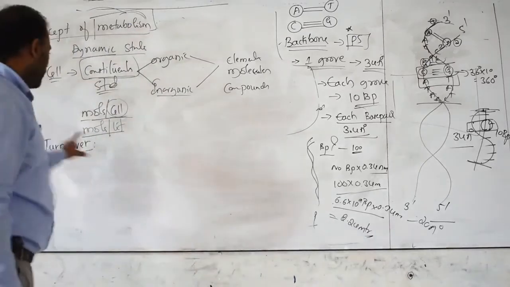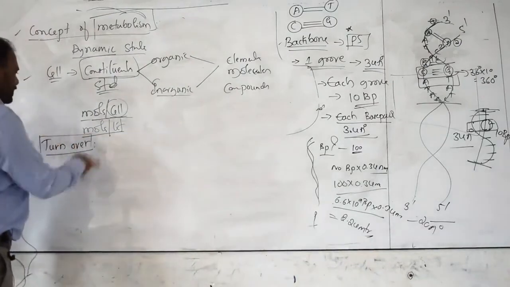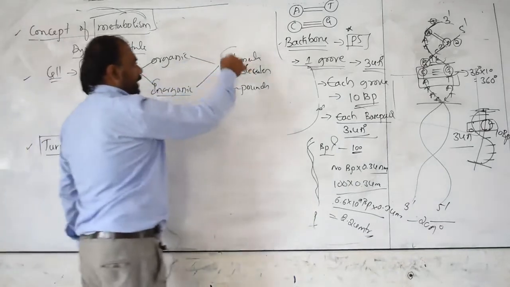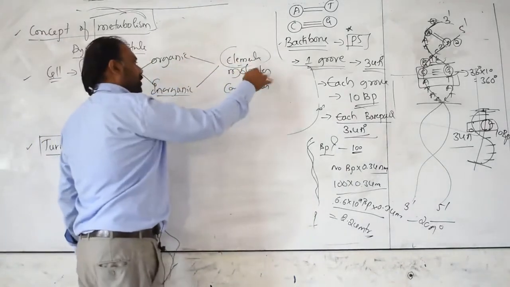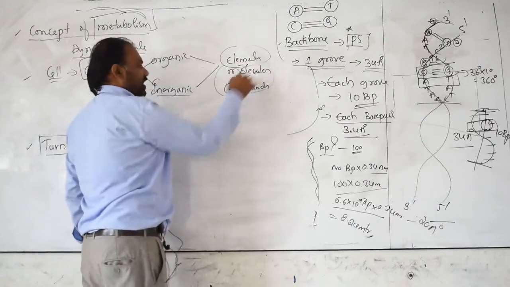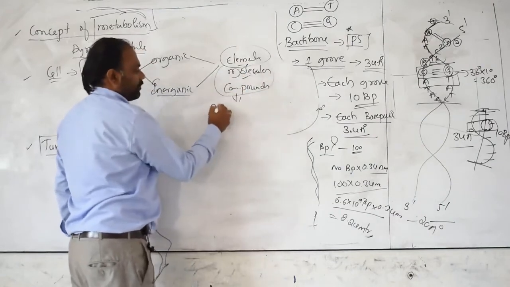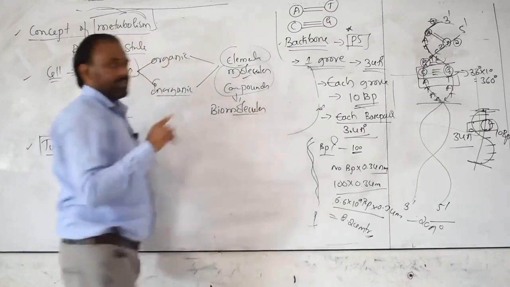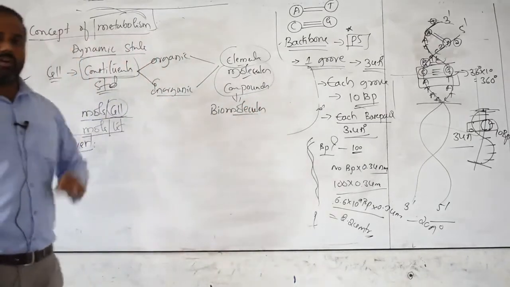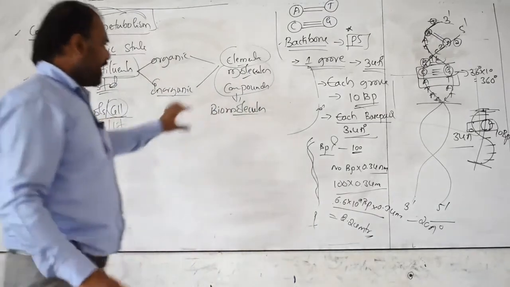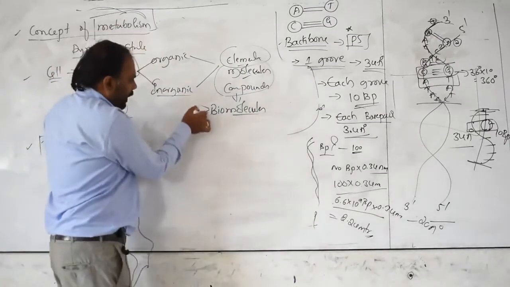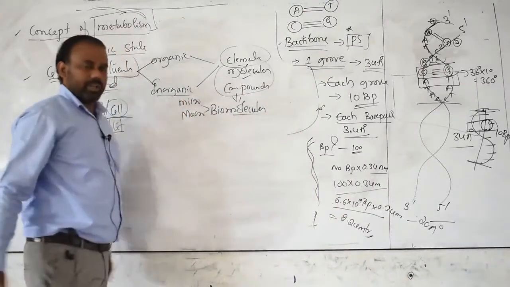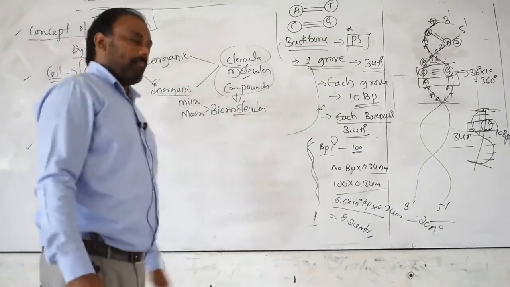Turnover. Before that, we need to understand that all these constituents, the organic and inorganic elements, molecules or compounds, come under biomolecules. Yes or no? When you take biomolecules, they may be macro or micro biomolecules.